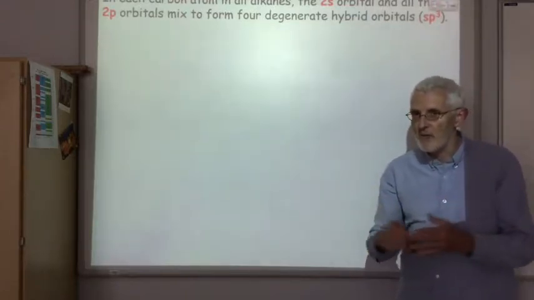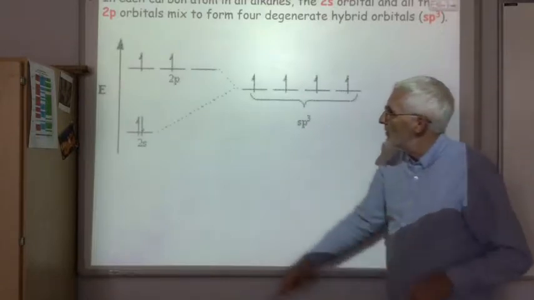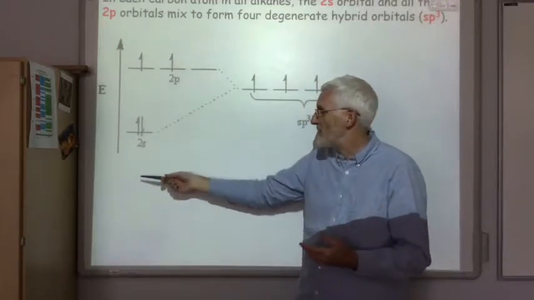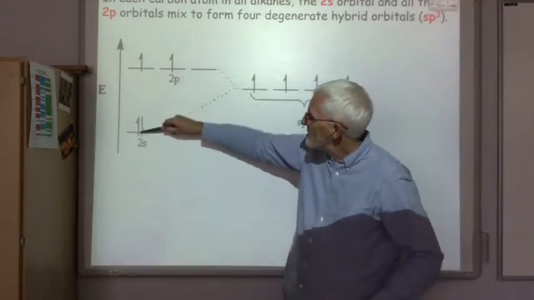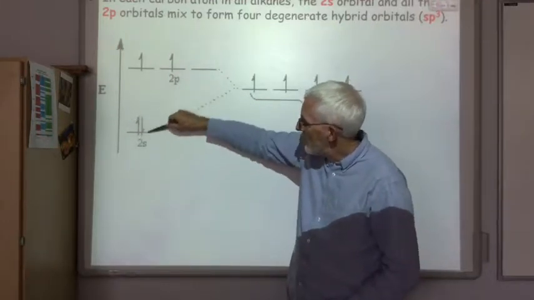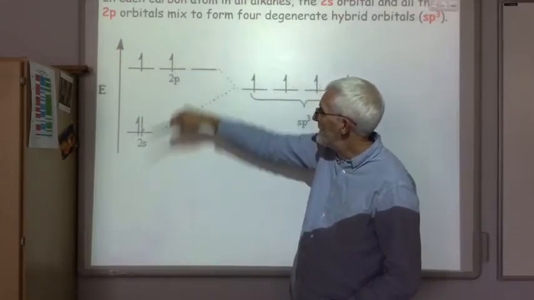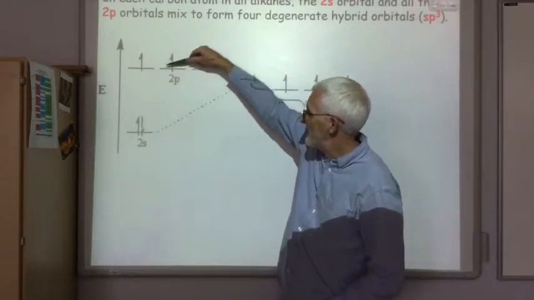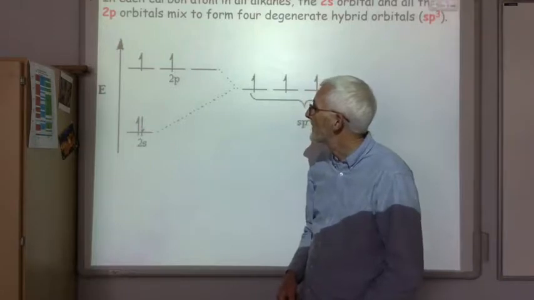Now I'll try to explain that in a bit more detail. Right, so we're just showing the electrons that are involved in the bonding, so I haven't shown the 1s electrons which aren't involved in the bonding. So here's your carbon atom with the 2 electrons in the 2s orbital and 2 electrons in the 2p orbitals in separate orbitals with spin in the same direction as you'd expect.